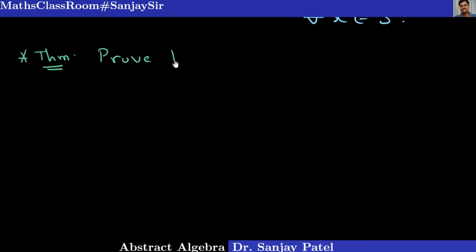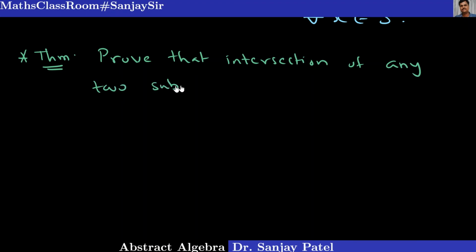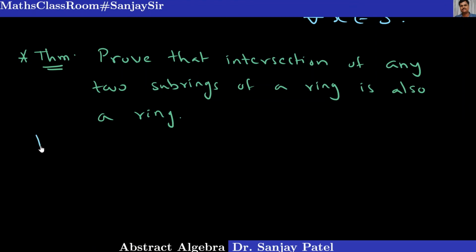So prove that the intersection of any two subrings of a ring is also a ring. This you can generalize also for many rings, infinitely many rings.